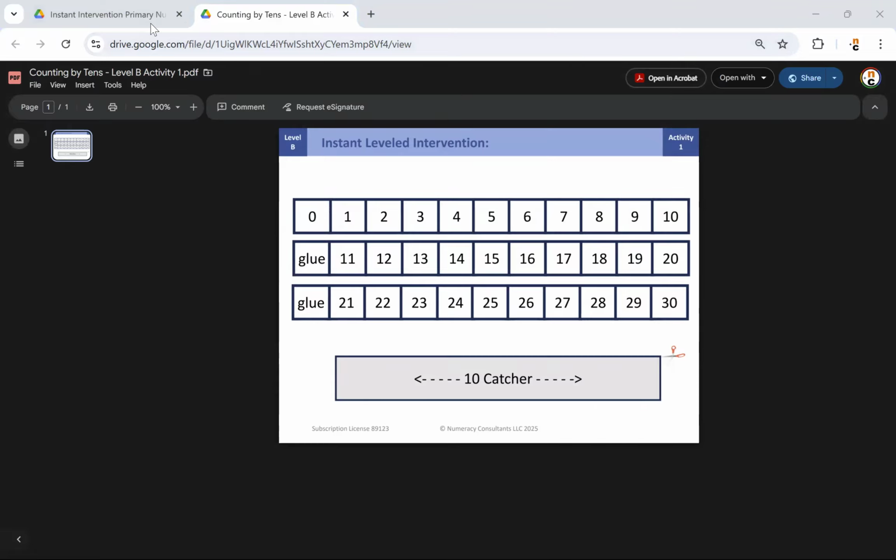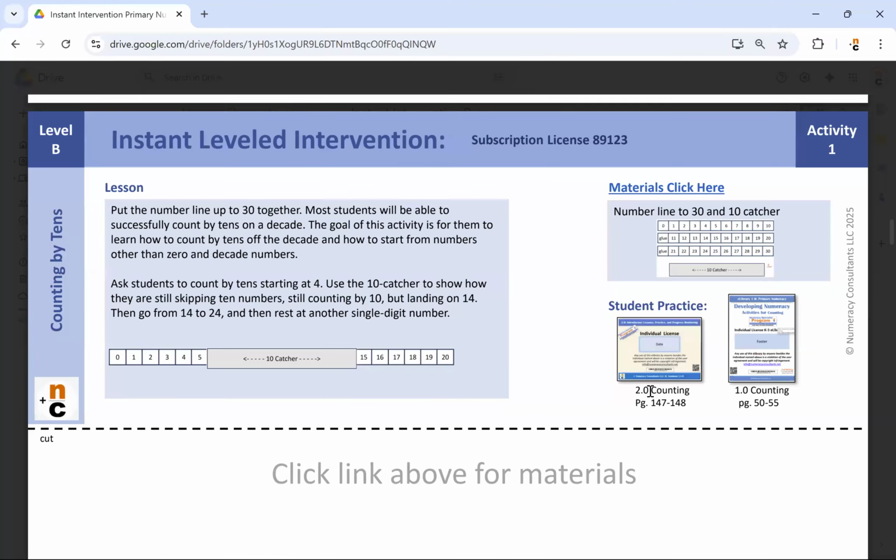Okay. And then if you take a look at this instant intervention, this is important. It references the 2.0 and the 1.0. These are meant to be explicit direct instruction lessons that you would do with a small group of students, or with a large group where you'd have them working in small groups together. This is where you would go to get the next practice piece after. So it's saying you go to the 2.0, page 147, 148.